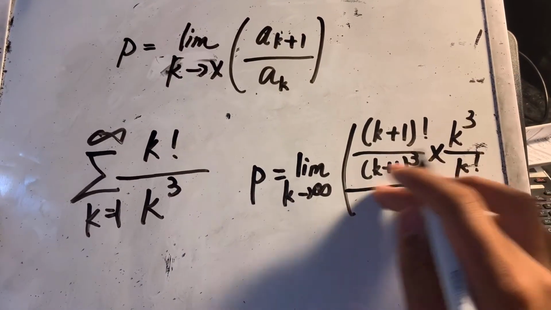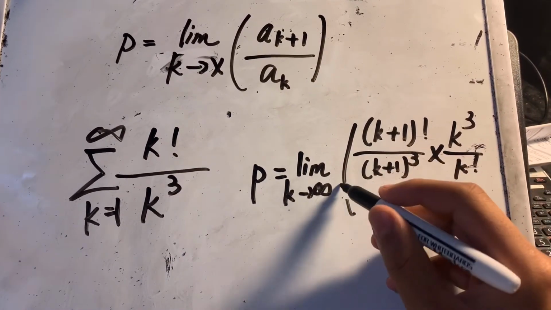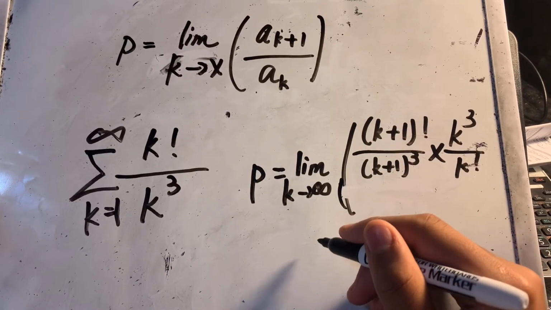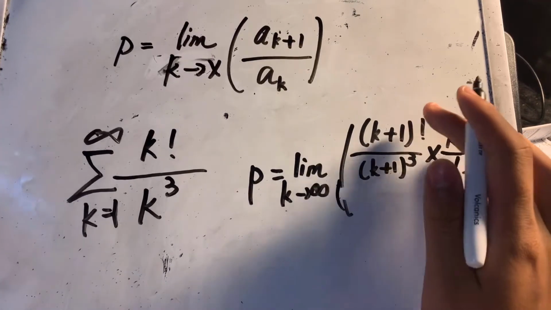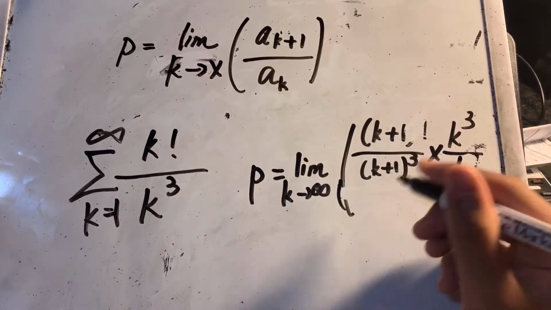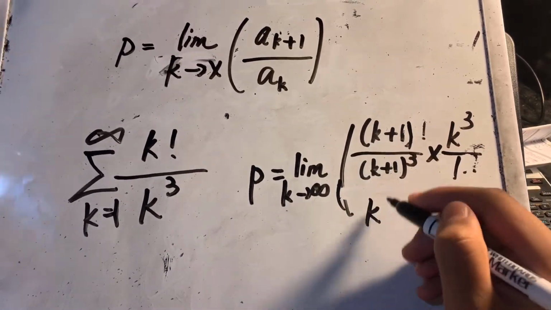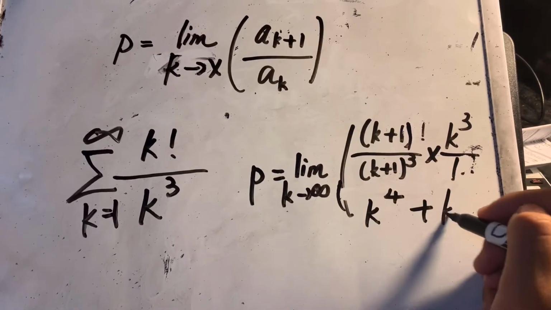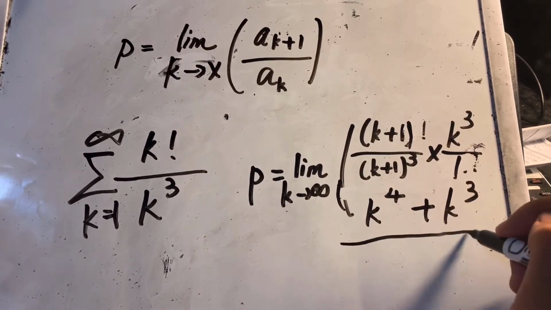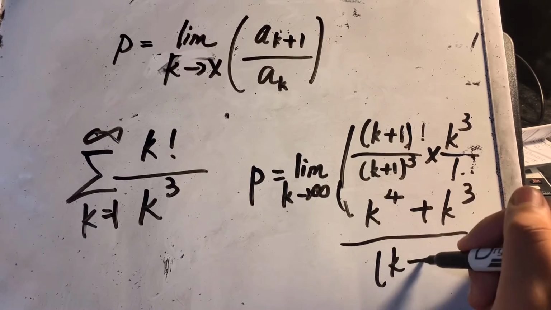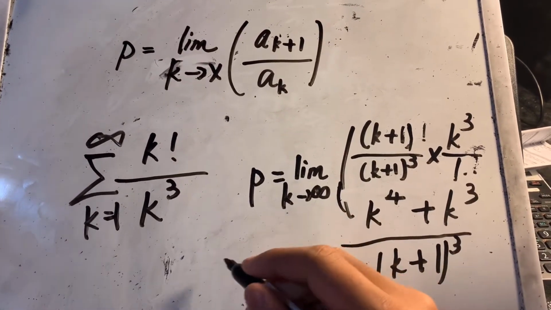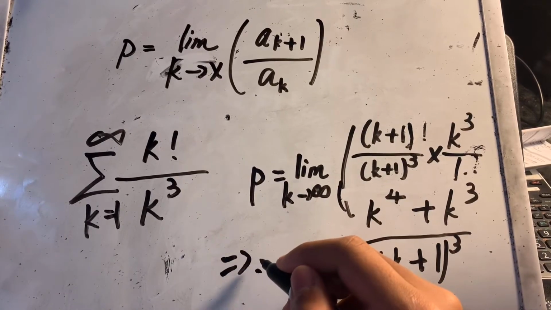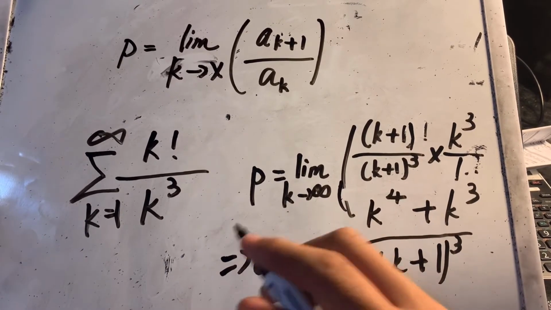Okay, so you get this in this case, right? And you use the cross multiply way to solve it, and you get k square 4 plus k3 to infinity. This is infinite. So we know this diverges.